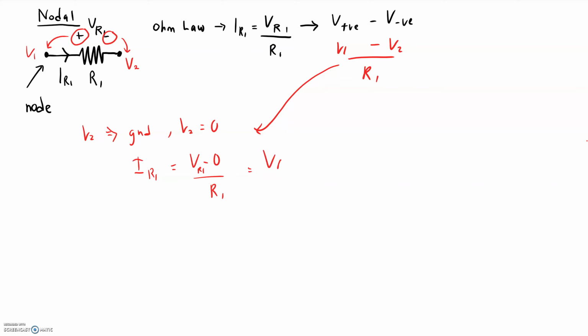So it means that VR1 is divided by R1. Okay. This is the second type of circuit.